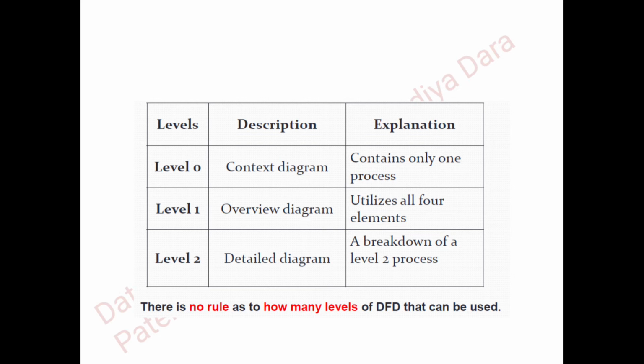Next, level 2 is going to be a detailed diagram of level 1. When we head from level 1 to level 2, we actually split the level 1 processes into smaller sub processes. This is how you understand how many modules your project, your software, is going to have.